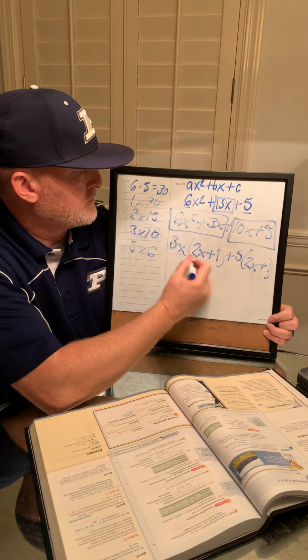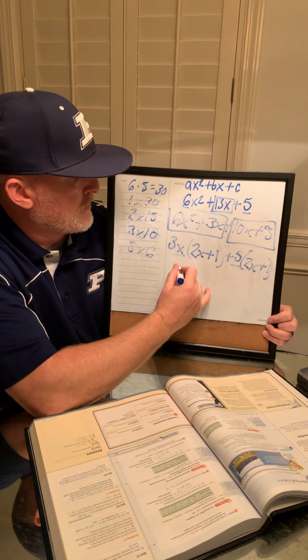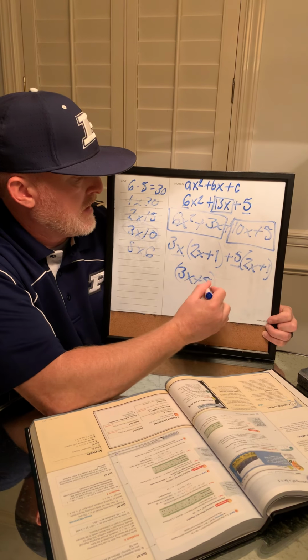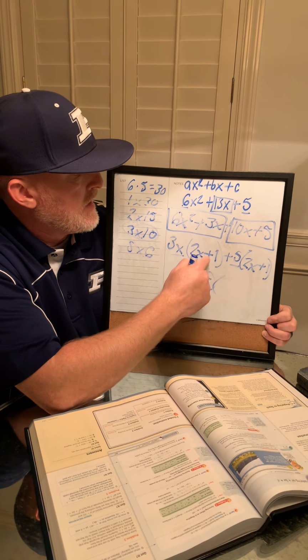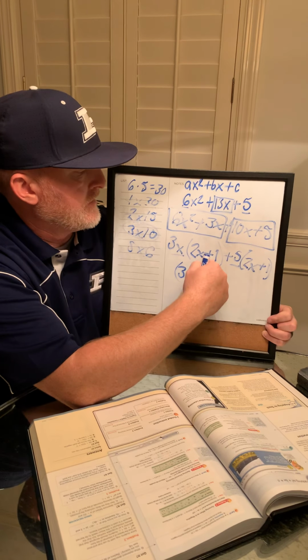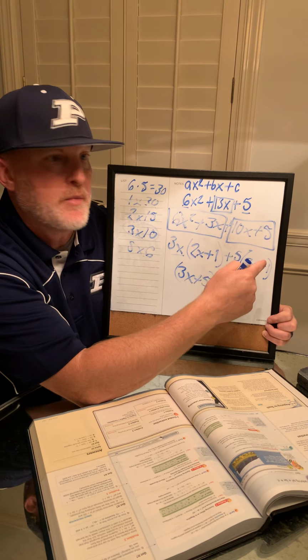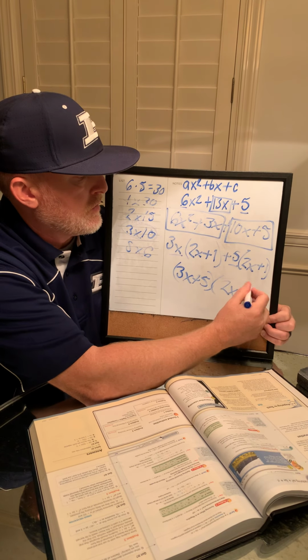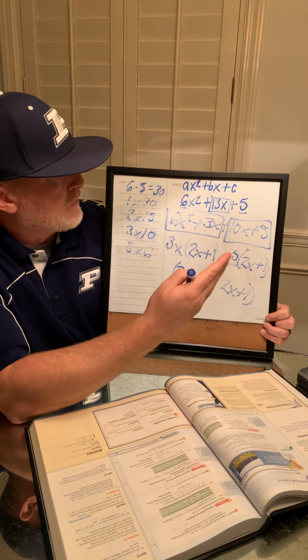So we just take these two common factors that we took out, 3x plus 5, and that creates our first set of parentheses. And then our second set of parentheses is that common binomial between those terms, so 2x plus 1.